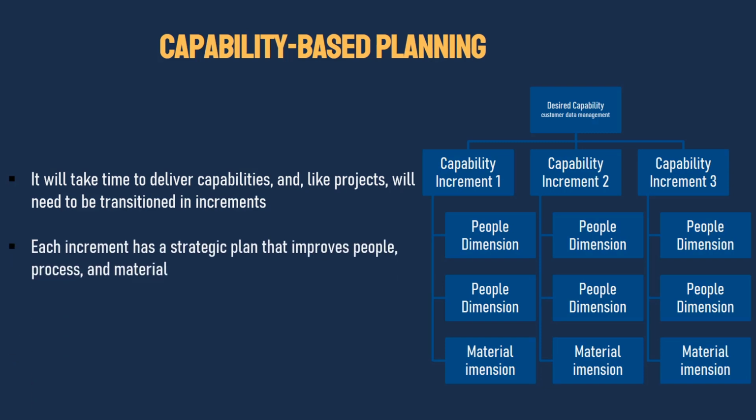Each increment has a strategic plan that should improve people, processes, and material. For my customer data management capability on screen, I show three different increments, and each of these increments has a people, process, and material plan defined.